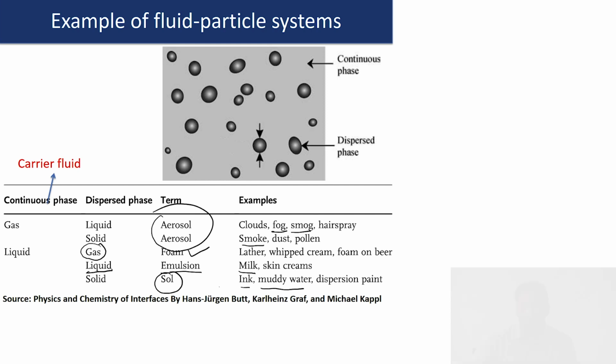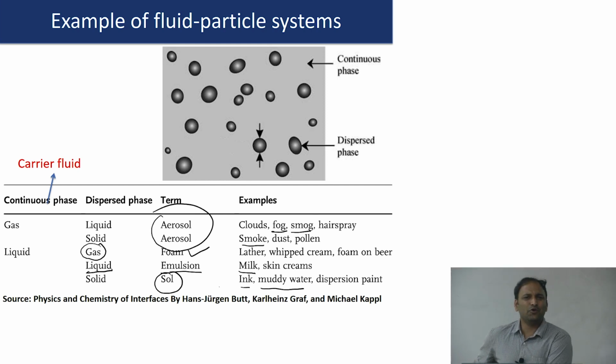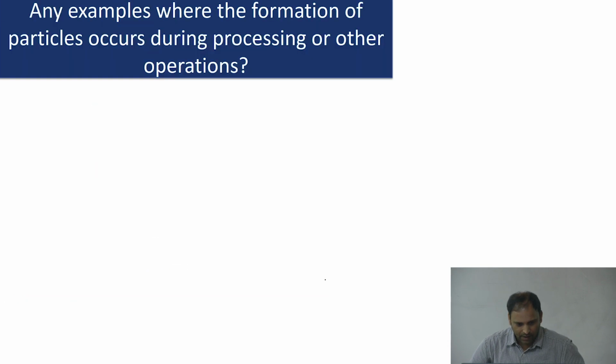Now that we know a little bit about fluid particle systems and their different examples, I have a question to ask. Can you think of an example where the formation of particles occurs during a processing operation or unit operation, whatever you can think of? Any examples? I want an answer.